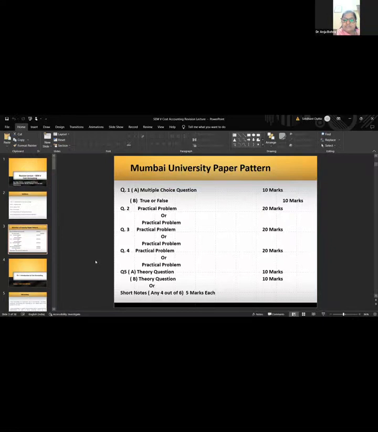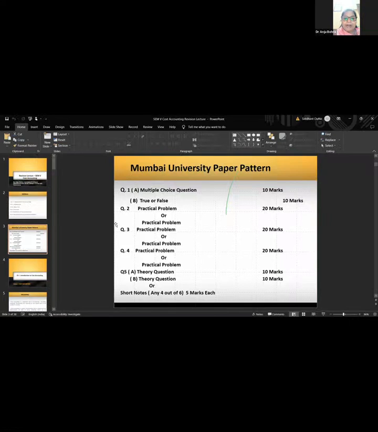But I will suggest you to attempt all the 12. अगर आपको 12 पूछा है तो 12 के 12 आप अटेंड करिए, because any 10 will be corrected. आपके जो भी 10 करेक्ट होंगे उसके हिसाब से आपको मार्क्स मिल जाएंगे. तो आप ये ना करें कि any 10 लिखा है तो 10 ही ढूंढ कर करें. 12 MCQs हैं, पूरे के पूरे 12 आप चेक करें और 12 के 12 चूज करें. So multiple choice questions, MCQs will be there of 10 marks.